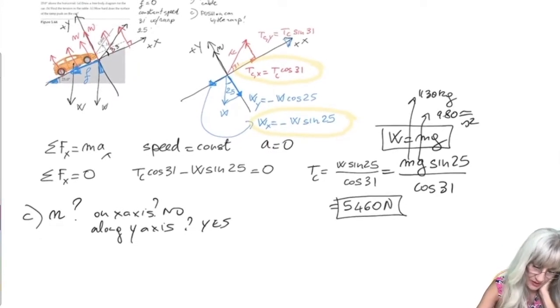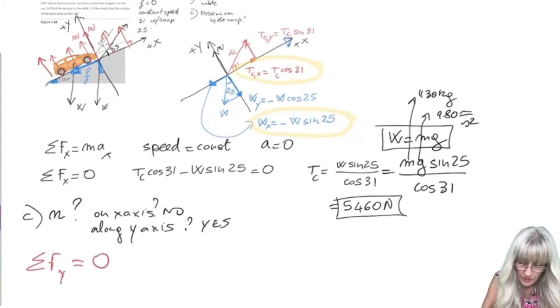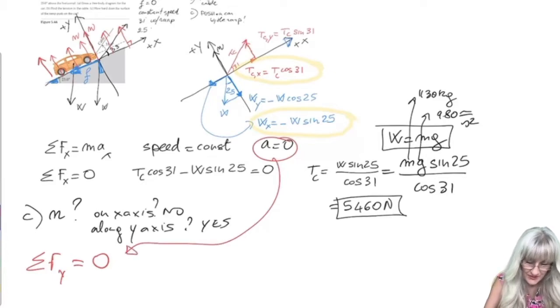Again, the normal looks like this one. You see, push up right there. So it's going to be the sum of all vertical forces equal 0, because we already discussed the acceleration is indeed 0. All right, let's do it.